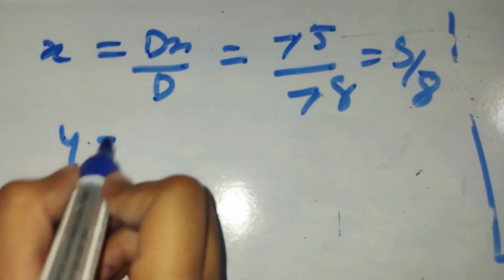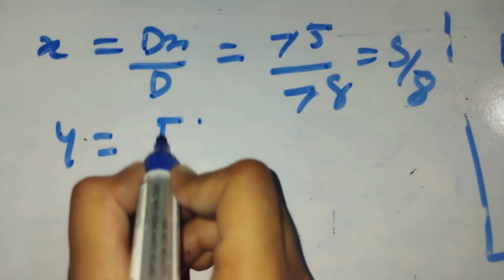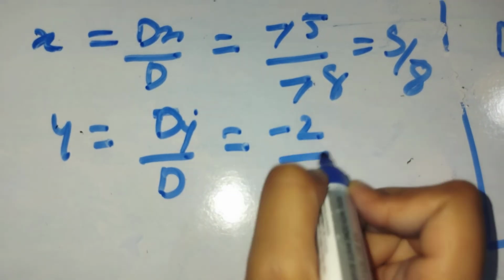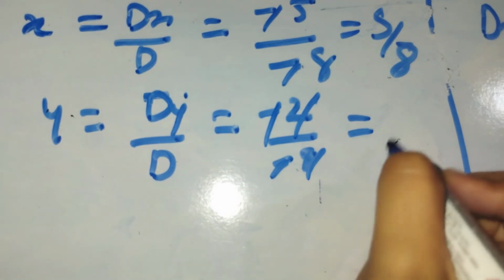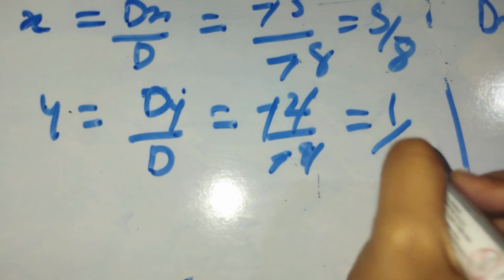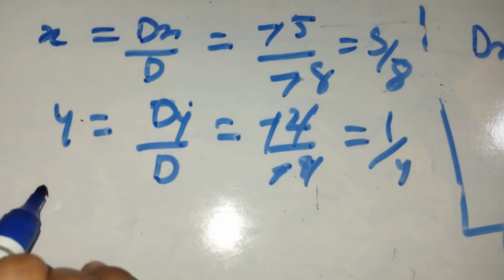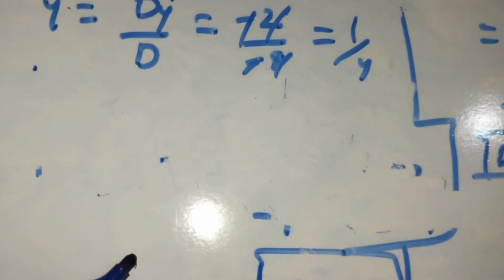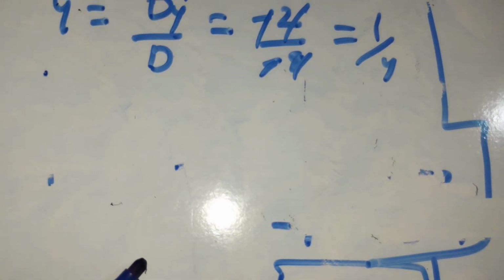And y is dy by d: dy is -2 and d is -8. So you will get 1/4. So x value is 5 by 8 and y value is 1/4. That's it. Now we are completed with practice set 1.3.